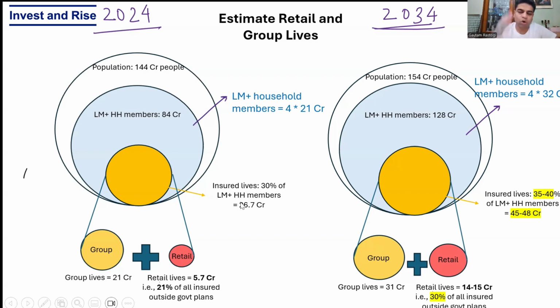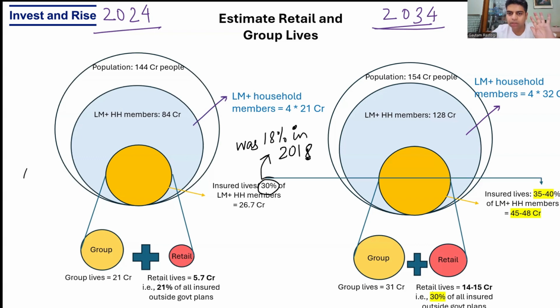It's around 1/5 of this number. So I'm assuming that 10 years from now, retail may take a higher share. It may become 30% of all the insured people outside of government plans. So this 21% may become 30% 10 years from now. Again, this is an assumption. So totally people covered by retail insurance would be 14-15 CR people. Plus, of course, there would be people covered by group insurance, which was 31 CR.